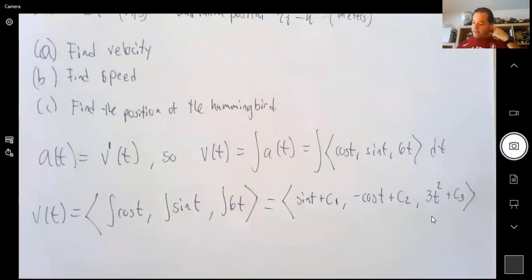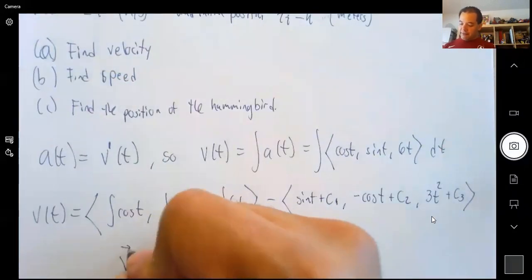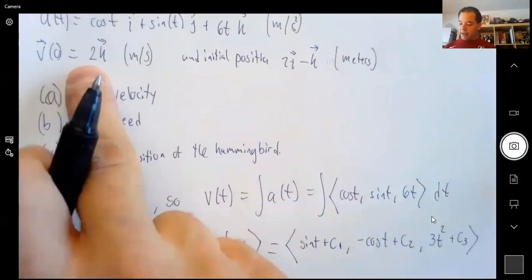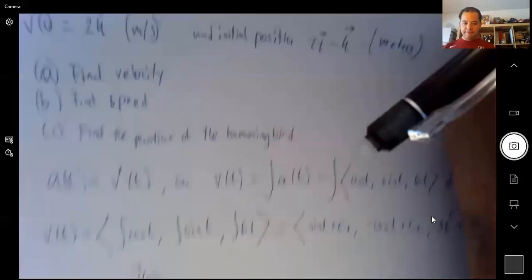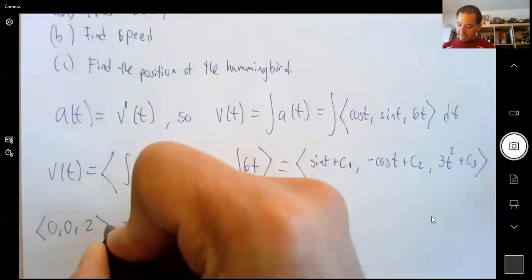Now, to get the constants, you use the initial condition. What is v of 0? On the one hand, we were told it is 2k, which is the same as (0, 0, 2).